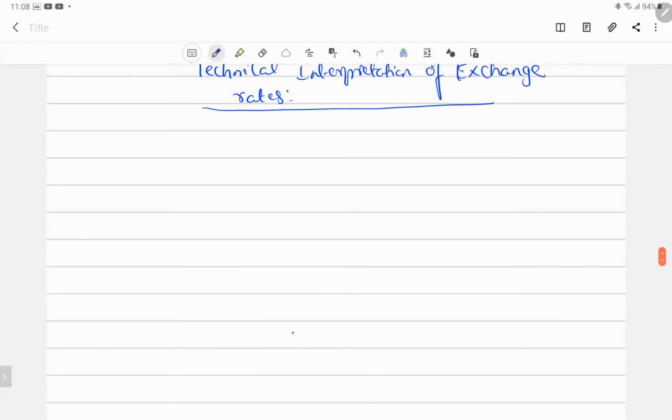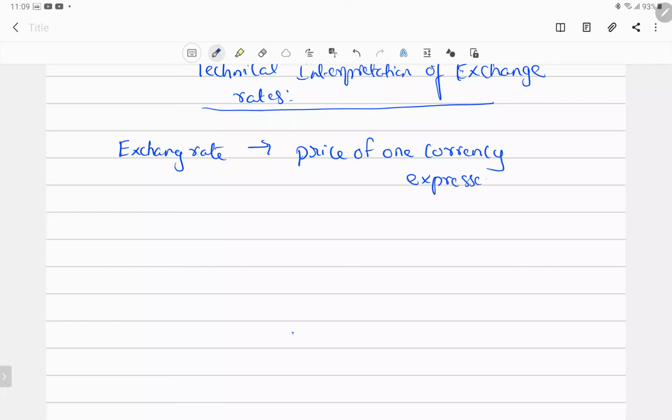So we know what an exchange rate is, as I already said. When someone says what is an exchange rate, it is nothing but the price of one currency being expressed in terms of another currency.